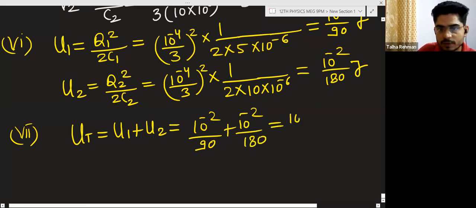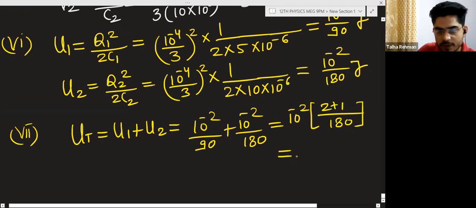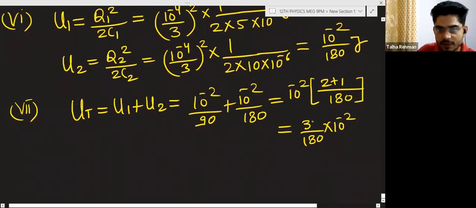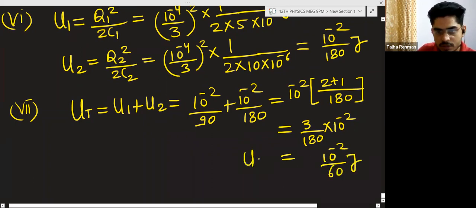Now here 10 to the power minus 2 is common. Here 180 is LCM. Here 2, here 1. So from here you can calculate 3 by 180, and when you cancel this out, this will become 10 to the power minus 2 divided by 60. This is your total energy.